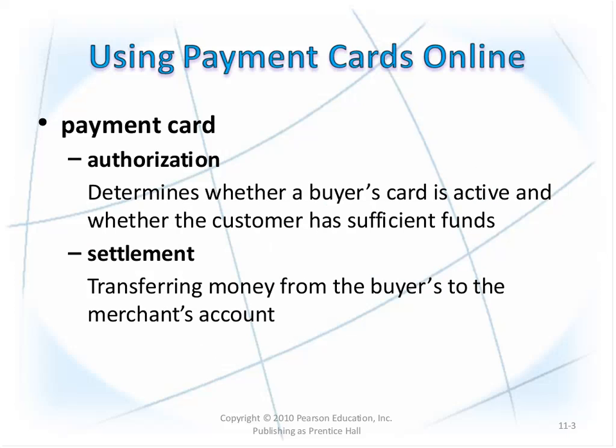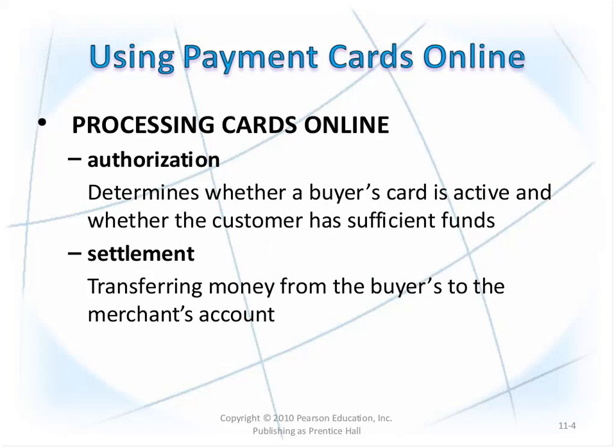But in processing our cards online, first of all, our card should be active and should be authorized. As you can see here, this determines whether a buyer's card is active and whether the customer has sufficient funds. So, first of all, our card should be active and should have funds.